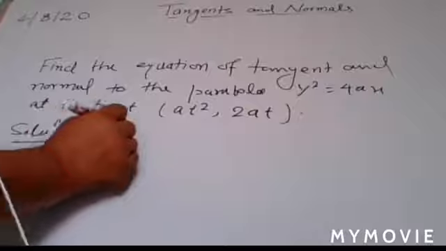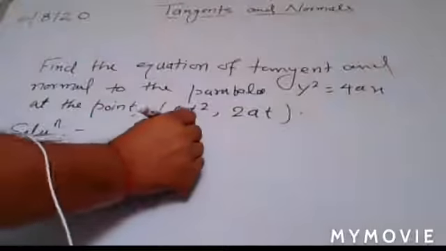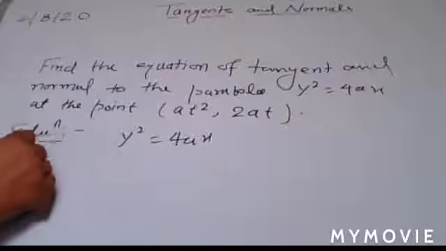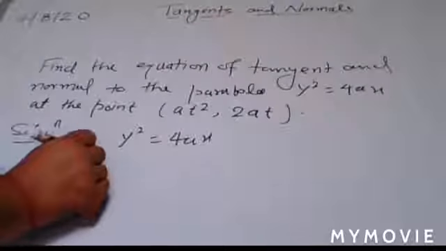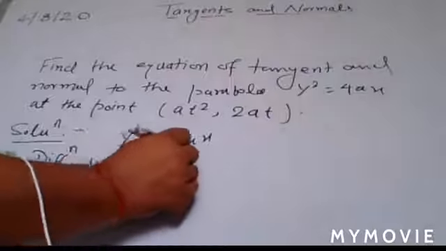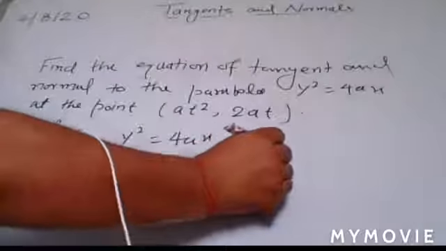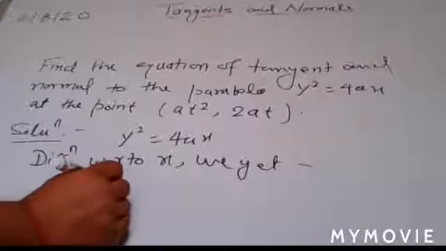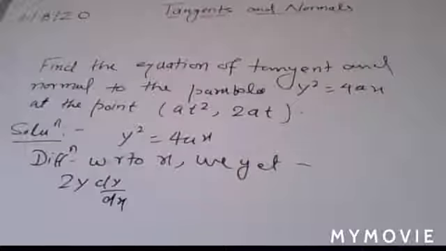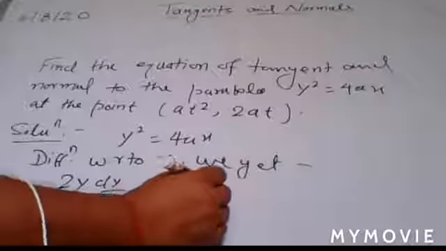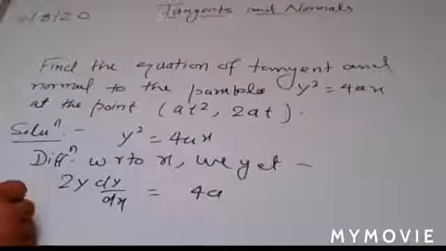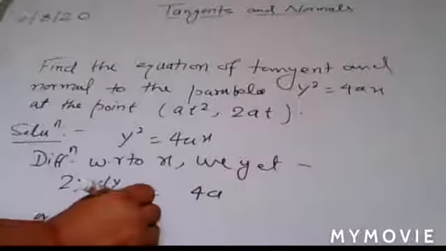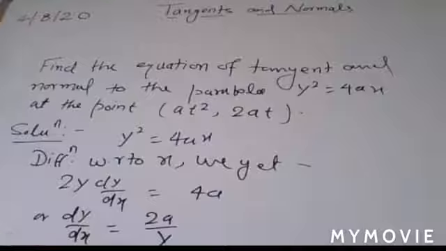So here you have y square is equal to 4ax. Now differentiating it with respect to x, we get 2y dy by dx is equal to 4a. So the value of dy by dx is equal to 2a upon y.